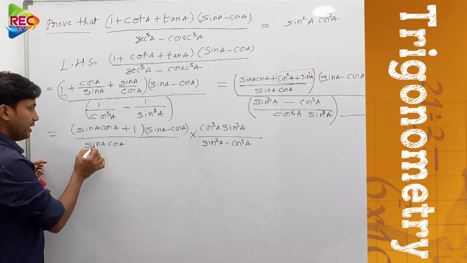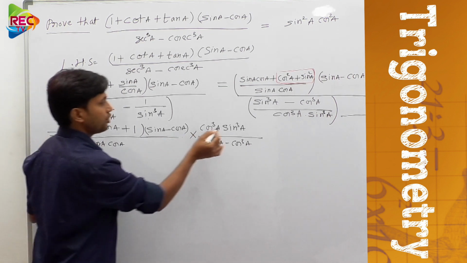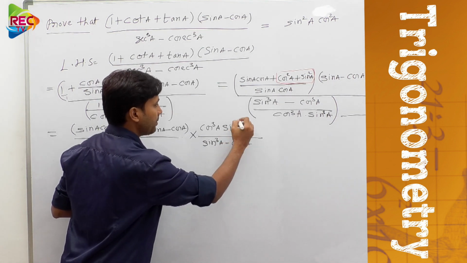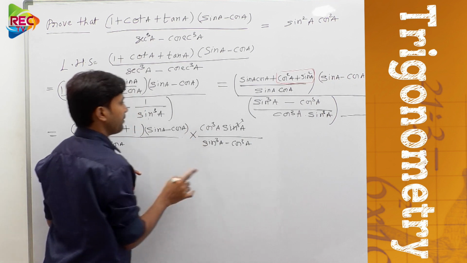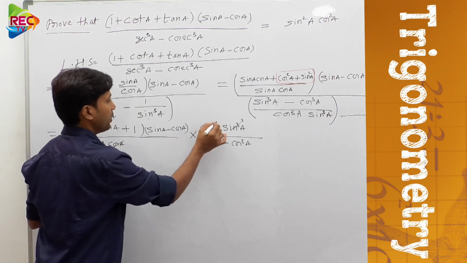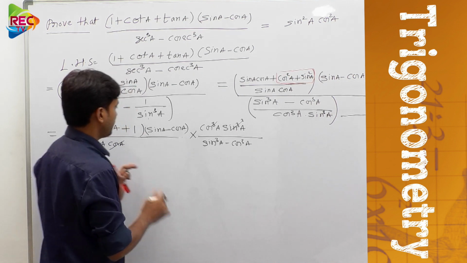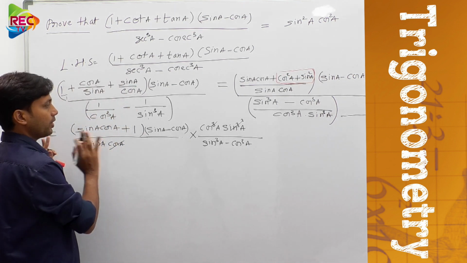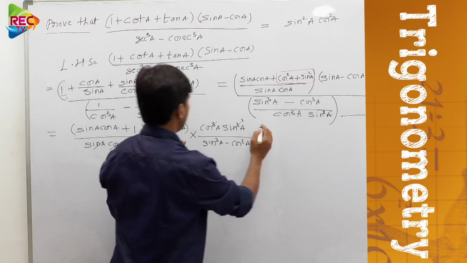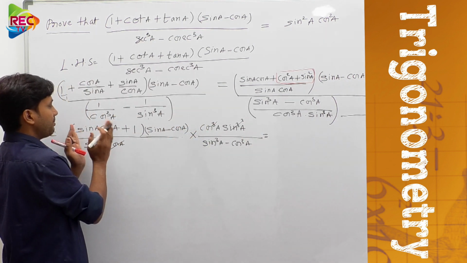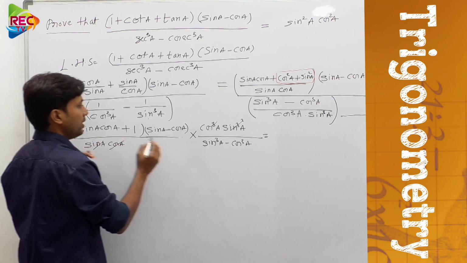Now just see here, sin A, here sin cube A is there, so we can cut one time and sin square A will be left over. And one cos A we can cut down, and cos square A will be left over there. So this term is simplified. Now let us write down here. See what fraction remains: sin A cos A plus 1.